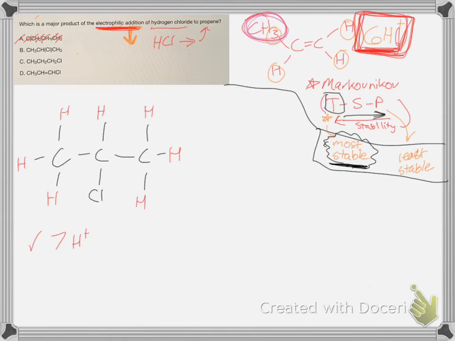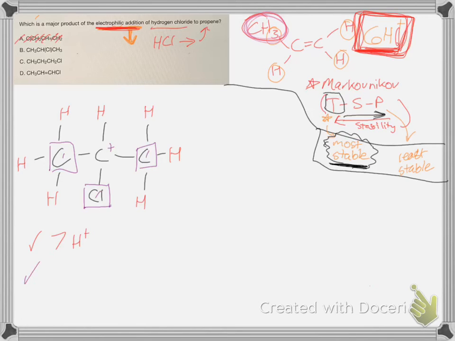So, we have that carbocation right here. We have a Cl group, a C here, a C here. First thing we realize is that it's a tertiary carbocation because it has 3 R groups, which is perfect to our answer. But we also have to analyze why the other answers are correct.